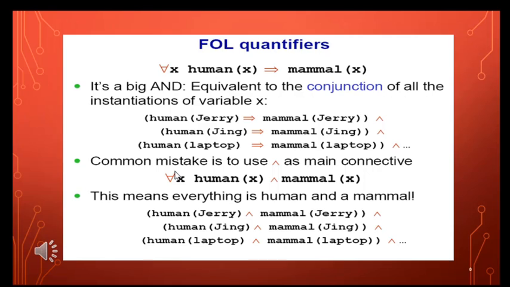We always use the existential quantifier with logical and. For example, for some x, human(x) and male(x). This means that there are some x who are human and male. Not every x is a human and a male.